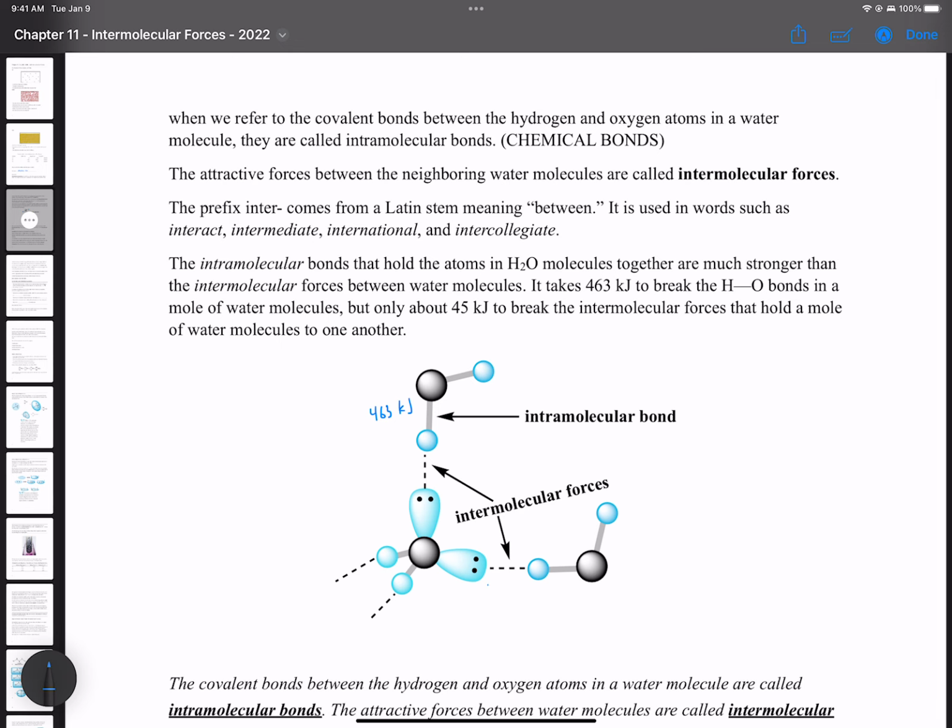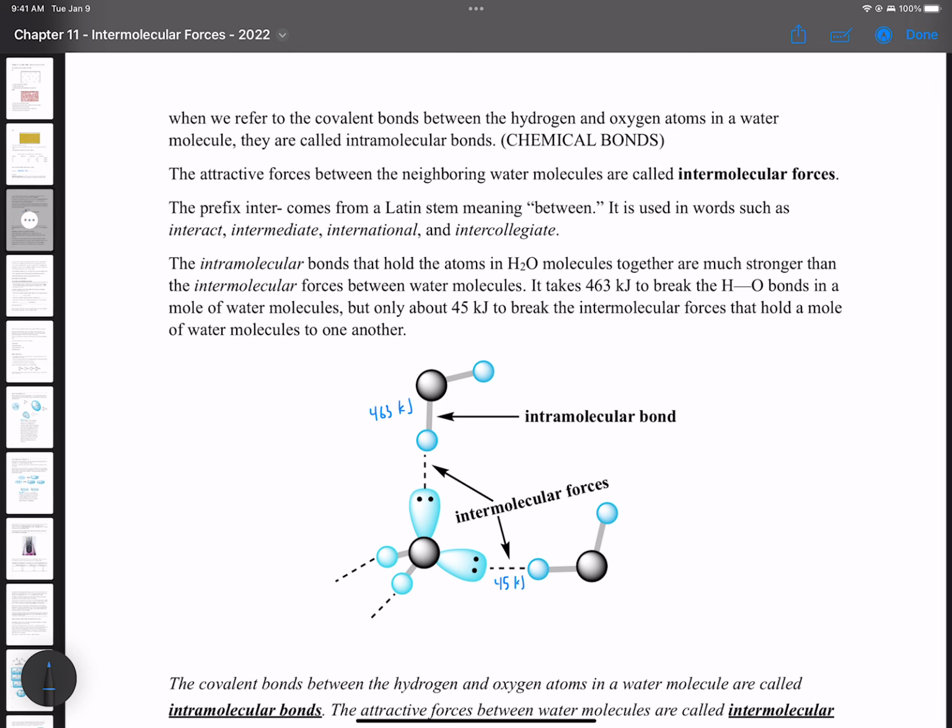However, to break this intermolecular force, it only takes 45. So there's a big difference here. This is also why it takes a lot of energy to boil a lot of water, because it takes some energy to separate the molecules into the gas state. You see the vast difference, and that makes sense because if we're breaking an O-H bond, we're destroying the water molecule.